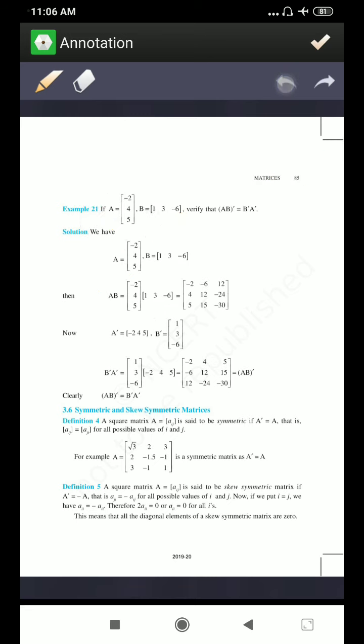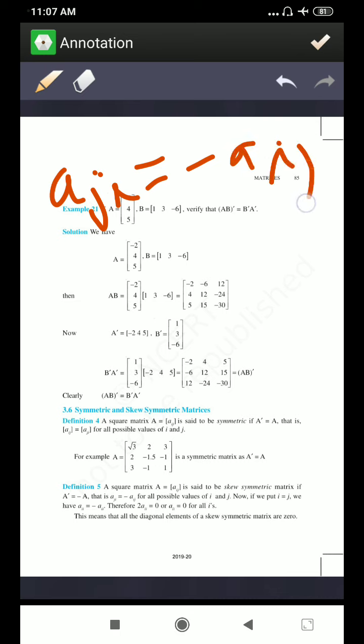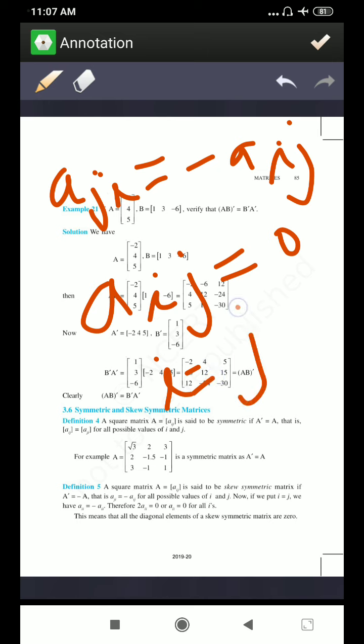In skew symmetric matrix, Aji will be equal to minus Aij. And Aij is 0 for all the values for which i is equal to j. I will explain the meaning of this.